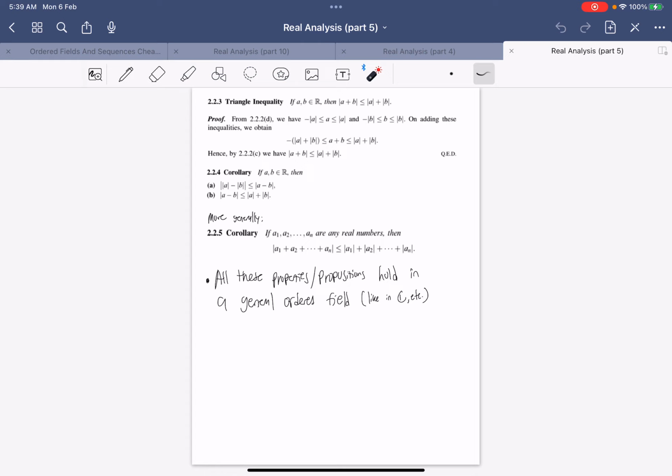More generally, what we want to say is that this absolute value function works for n elements as well, not just 2 elements. And so the modulus of a1 plus all the way to an is less than or equal to the sum of the moduli of a1 all the way to an, each individually. And all these propositions hold in a general ordered field, so you can use them in your complex numbers as well when you have an absolute value function.